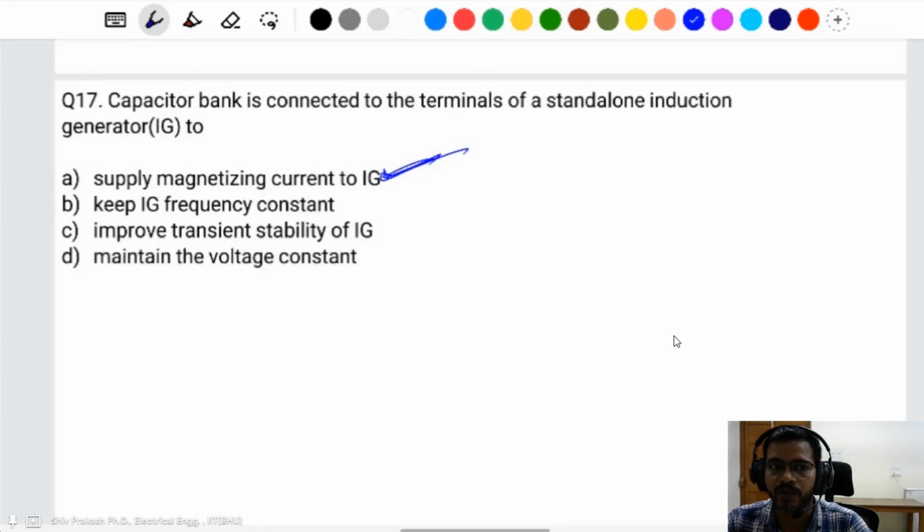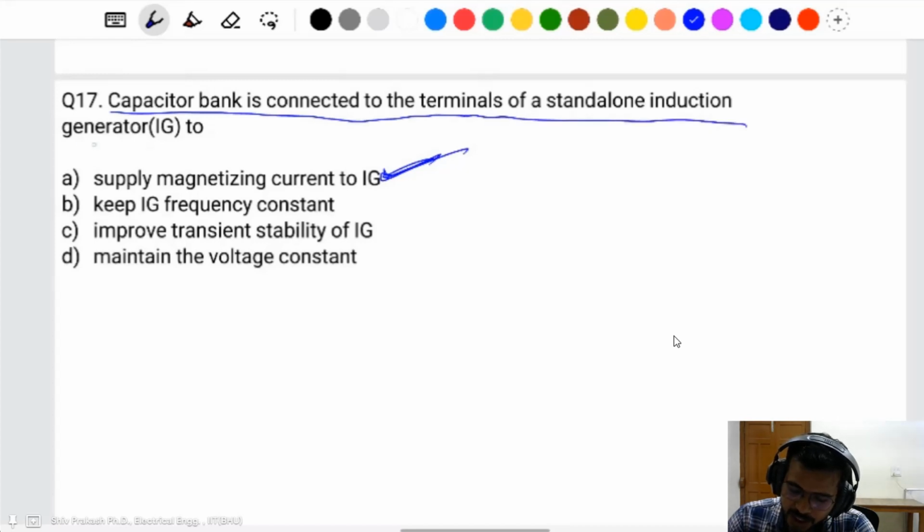After that, it develops the voltage. That's why the magnetizing current is required. The capacitor bank is connected to the terminal of the standalone induction generator to supply the magnetizing current.